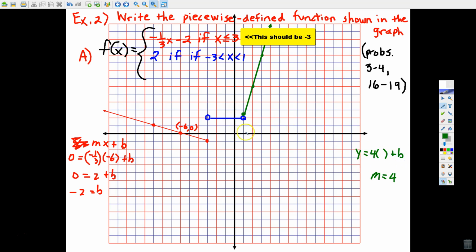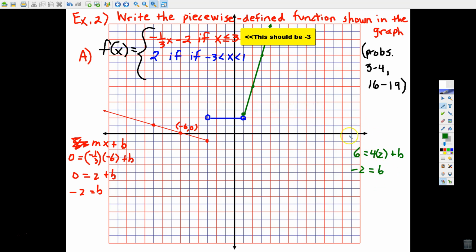So let's just pick one of these ordered pairs that we see. Really doesn't matter which. 2, 6. Means y is 6, x is 2. When we subtract 8 from both sides, we get b is -2.